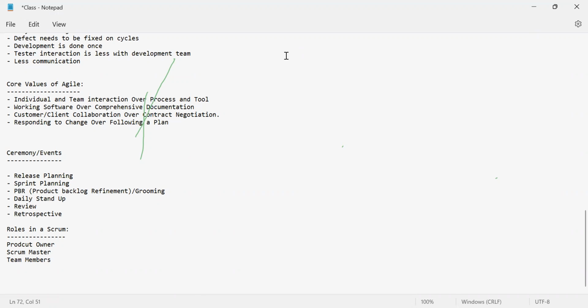Release planning is nothing but planning a release. What does a release mean? In our WhatsApp example, WhatsApp needs to be developed, and it should be in use by the end users or stakeholders.